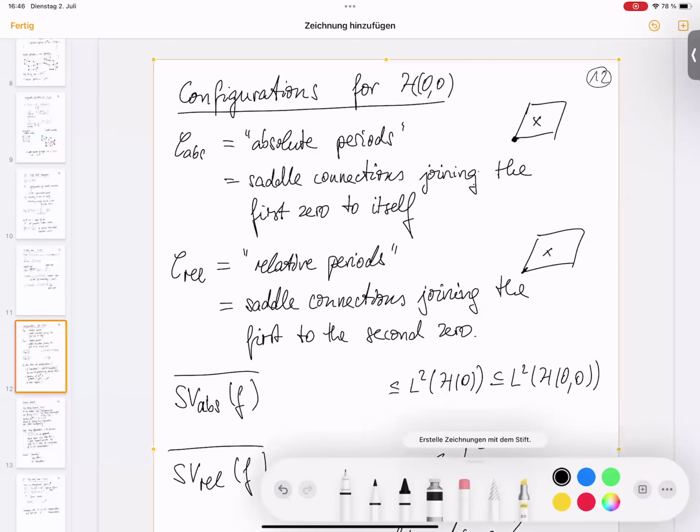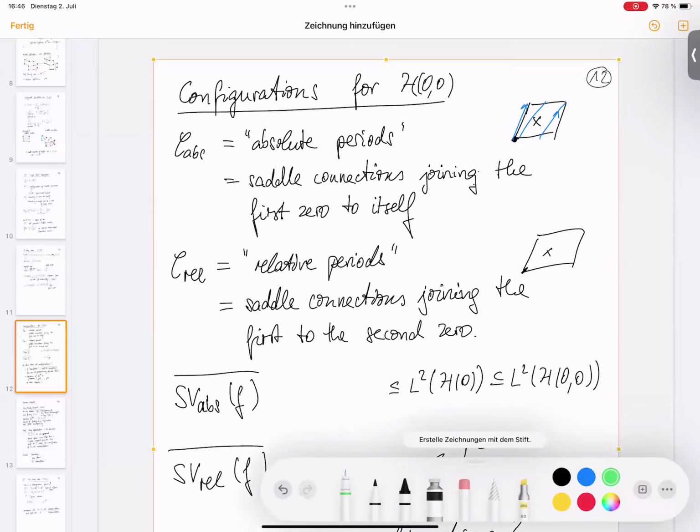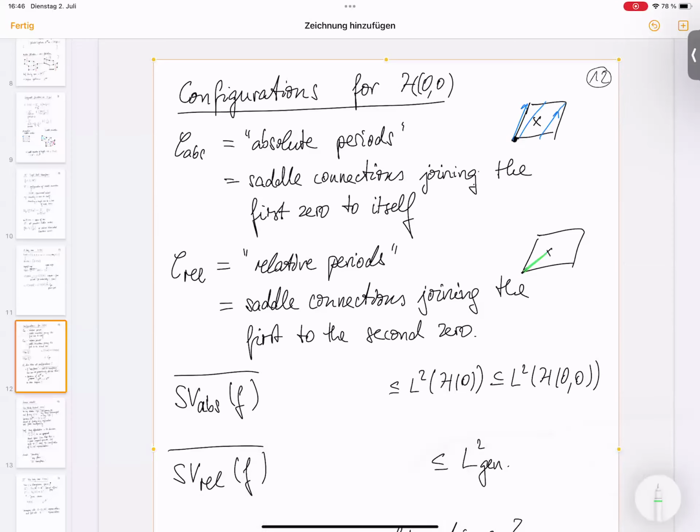Then in the first case, I would take the absolute periods. This is an example, and this is an example. And in the second case, I would take this as an example, or more complicated friends of it. I hope it is clear what I mean by the set of all absolute periods and all relative periods.